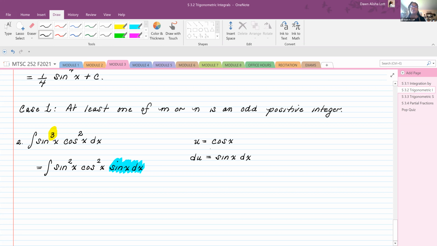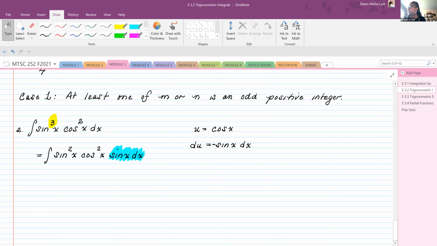And then I can fix my derivative to be negative like it's supposed to be. Okay, so I'm going to pull off the sine. So now I get the sine of x dx is simply negative du. So I'm able to get what I want. There's my sine of x dx.